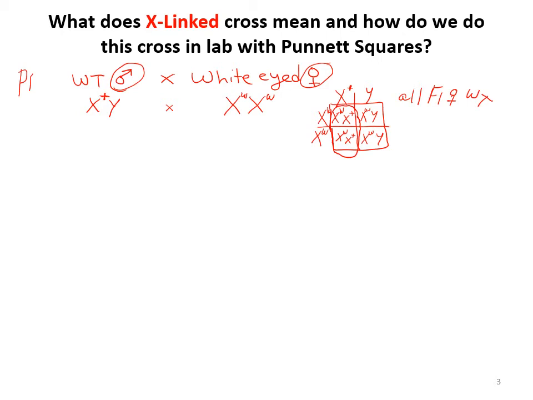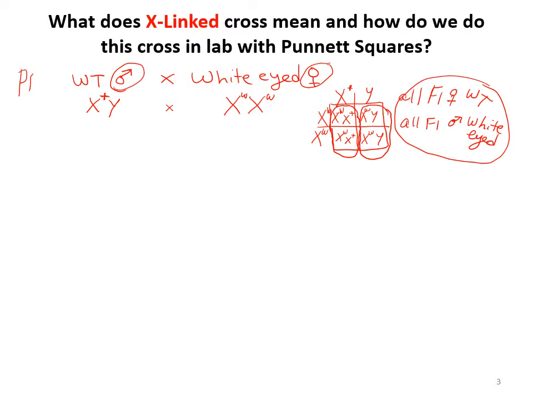Whereas all of the F1 males, meaning the offspring of the parents, what do they look like? They have no plus mark anywhere, which means all F1 males are white-eyed. Okay, they're all mutants.